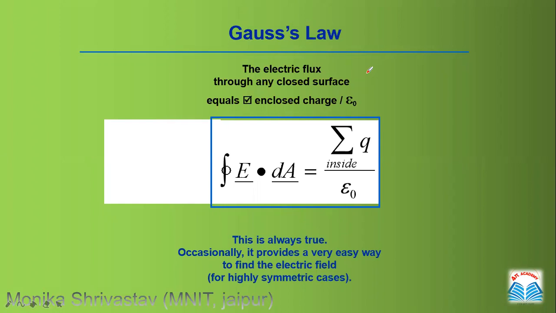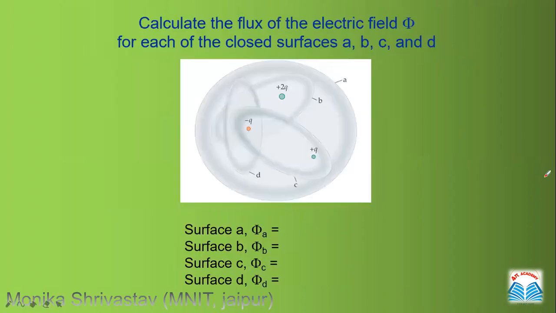So now you know the daily life application too. Now we will do some theoretical applications. There is a symmetrical diagram you can see on your screen, and there are four surfaces A, B, C, and D, and the distribution of charges is as shown in the diagram.